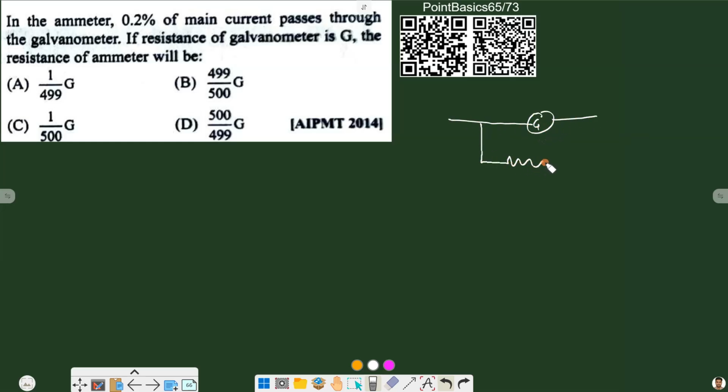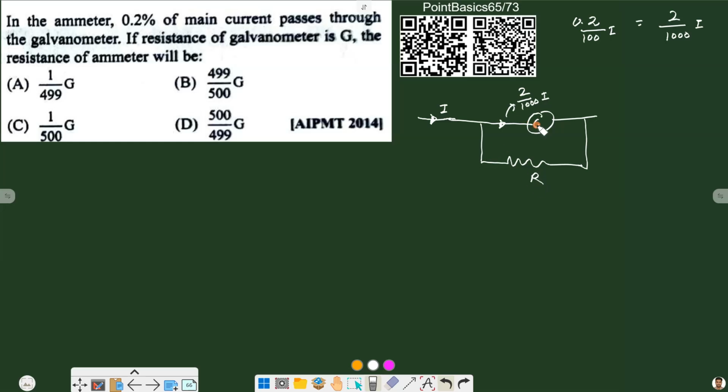We have a shunt resistance here, that is R, and the resistance of the galvanometer is already given to be G. Suppose the total current in the circuit is I, and out of this I, 0.2% means 0.2 by 100 of I passes through the galvanometer, and that will be 2 by 1000 I. So the current through the galvanometer is 2 by 1000 of I, and the remaining goes through the resistance.